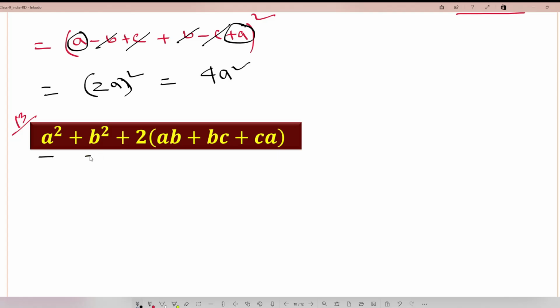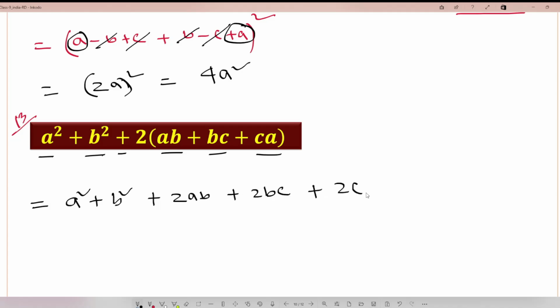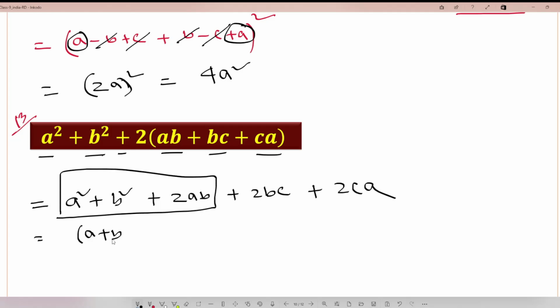A square plus b square plus 2 times ab plus bc plus ca. This one we can write as a square plus b square plus 2ab plus 2bc plus 2ca. Now look, this one we can write as a plus b whole square plus 2bc plus 2ca. Here the common thing is 2c.